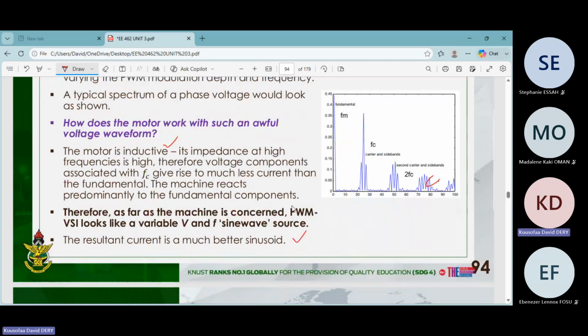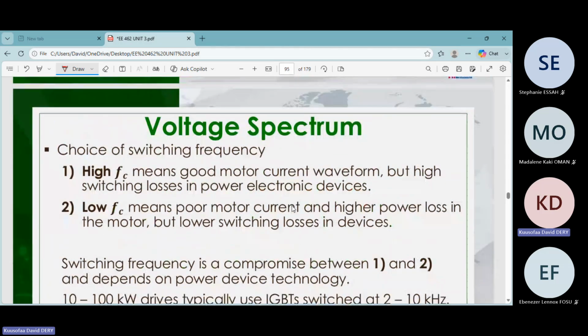All right, so the choice of switching frequency. A higher switching frequency means good motor current, but high switching losses in the power electronic device. When you switch at higher frequencies, the inductance of the motor is able to filter those out, making the currents much smoother. But because you are switching at high frequencies, it increases the switching loss in the power electronic device.